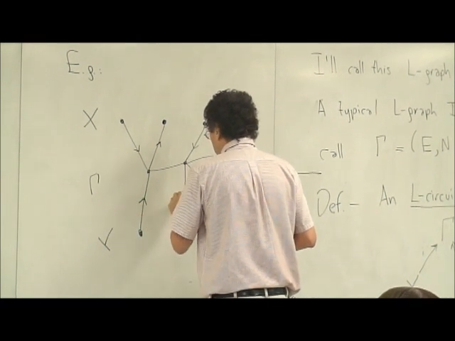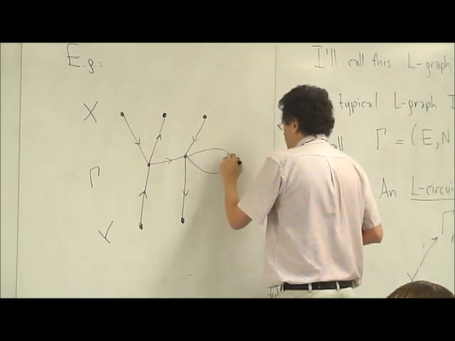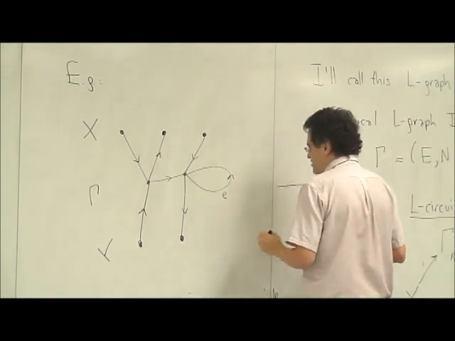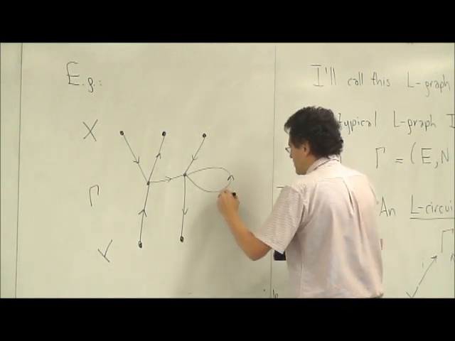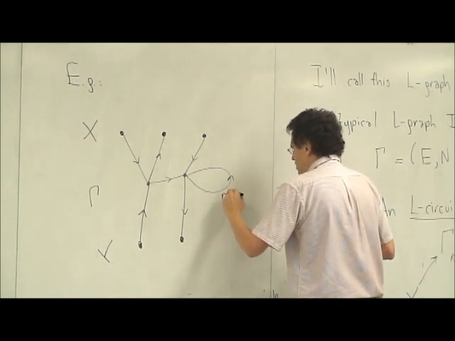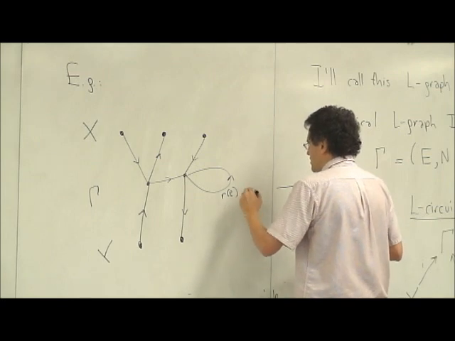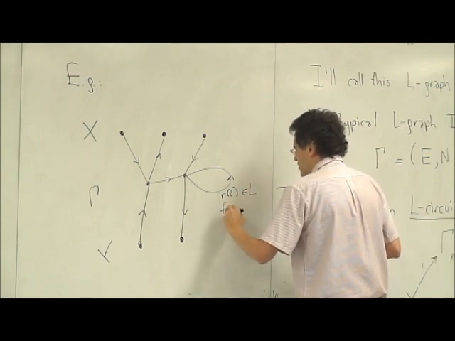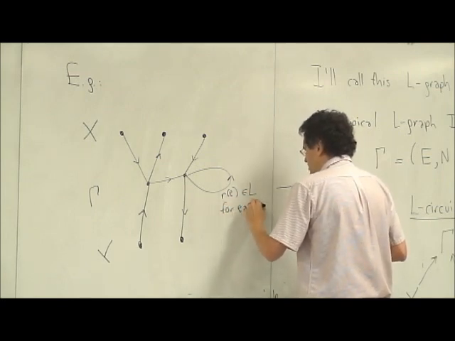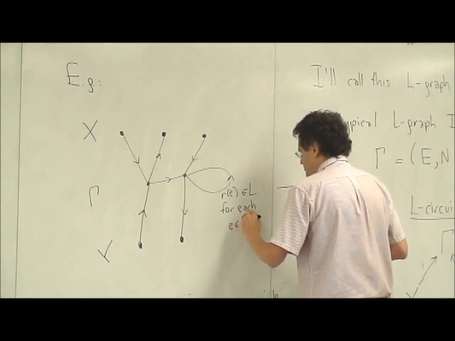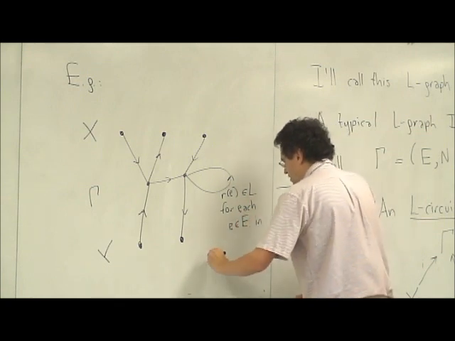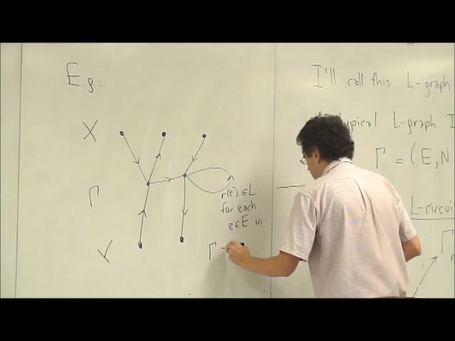All the edges will be labeled. I won't write the labels on every edge, but for each edge here, there will be a label. So R of E, for each edge in our L graph.